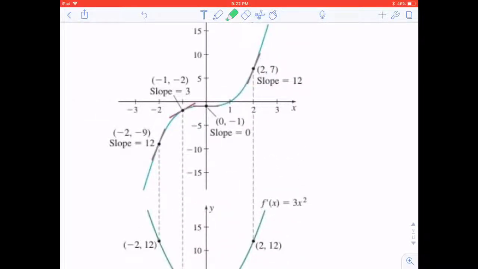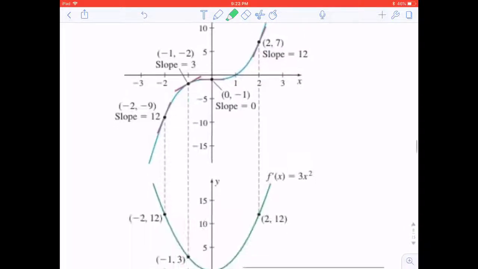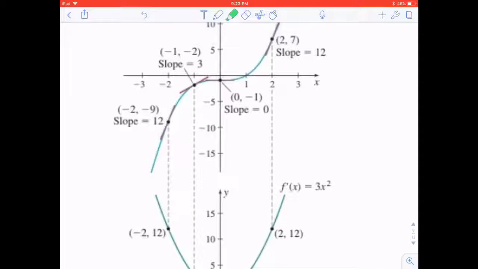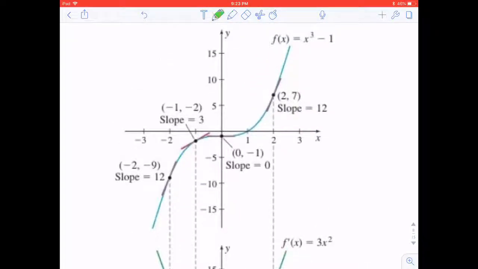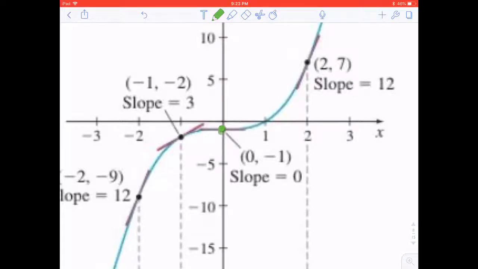Now we're going to take a look at how we can go from this original f of x to this derivative function. We want to start out by looking at some of these points. You can pick out some random points, but we can see from the picture there are some points that are going to be pretty important, especially right here.